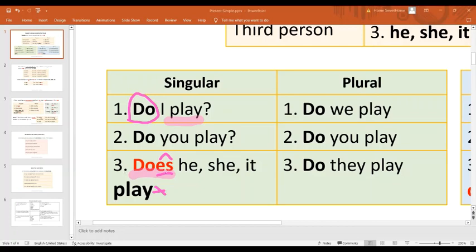We say, does he play? We don't say, does he plays? You see, I don't have a second S or ES. Only one S, one change to the verb.